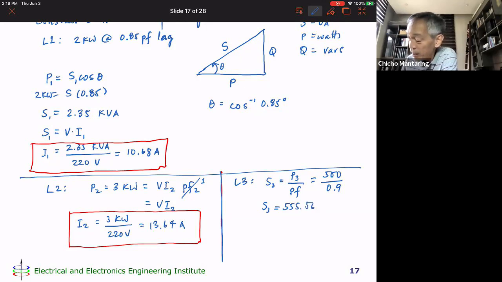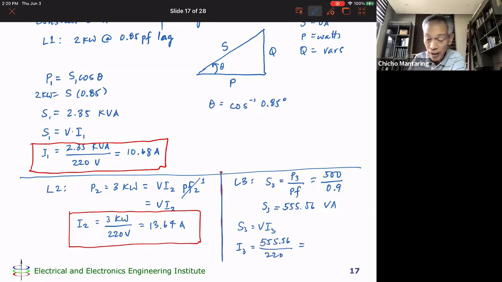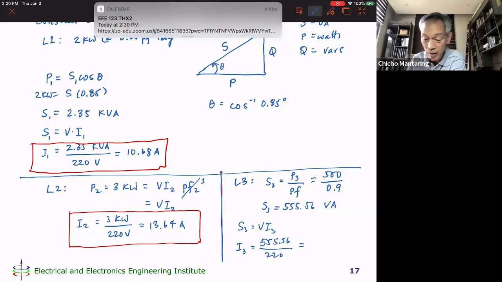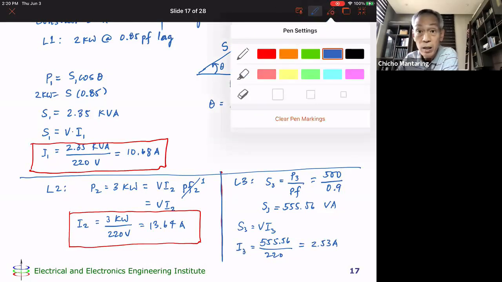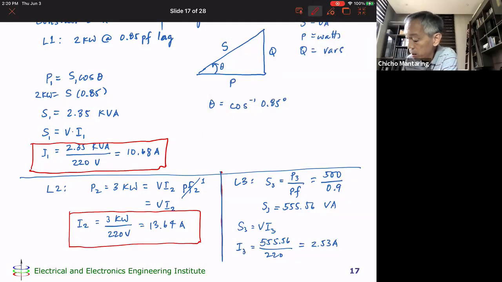What is the unit? This is volt amperes. But S3 is equal to V times I3. And therefore I3 is equal to 555.56 divided by 220. And I'm just going to get 2.53 amperes. So this is I3.